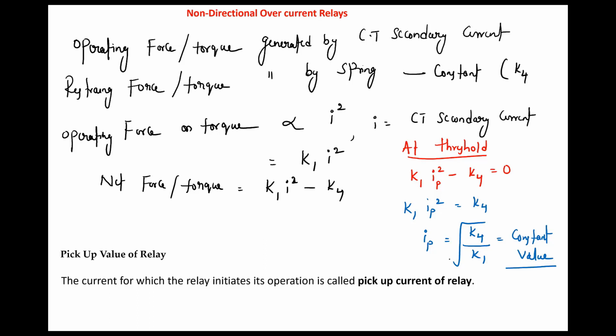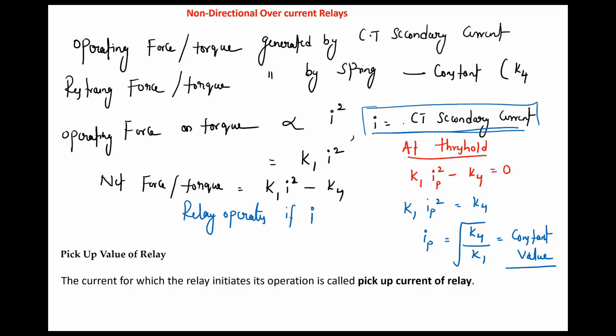So when will the relay operate? Overcurrent relay, or any relay for that matter, operates if the current through the relay, let us call the secondary CT current, is I. Secondary CT current is I. When I is greater than IP, when the secondary CT current exceeds the pickup value, the relay will operate.